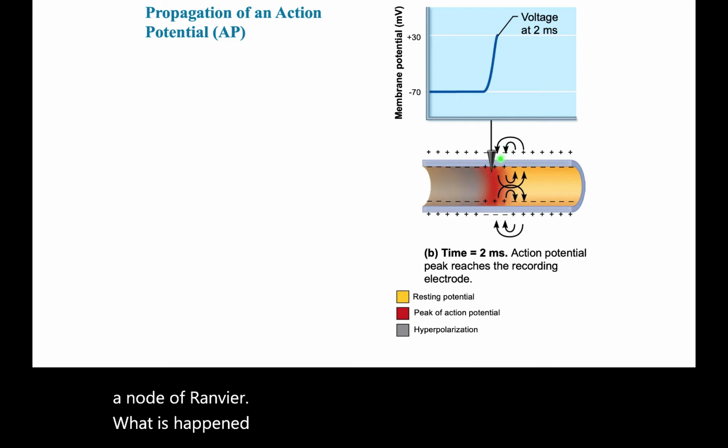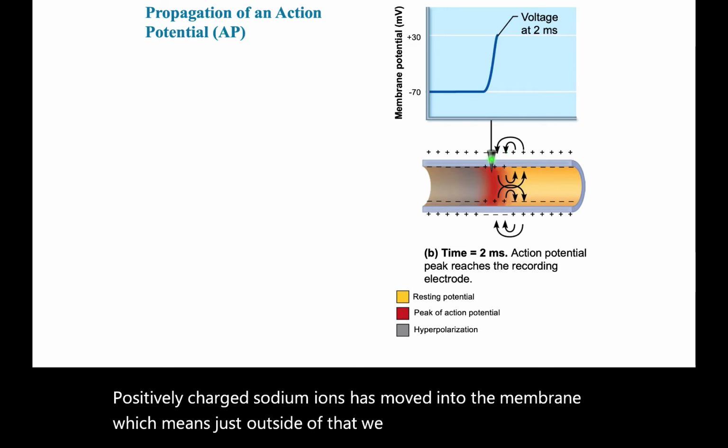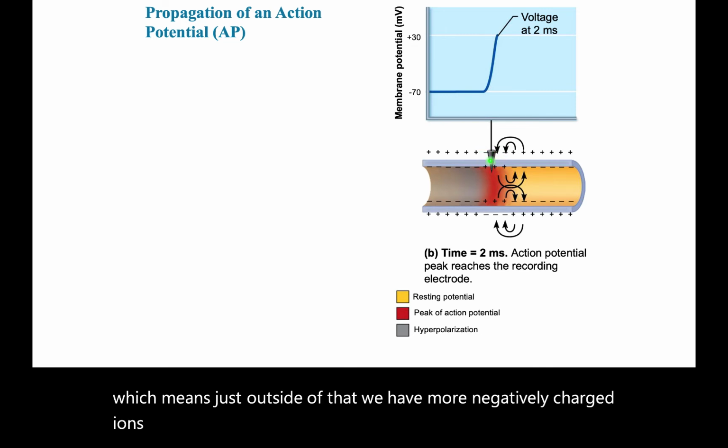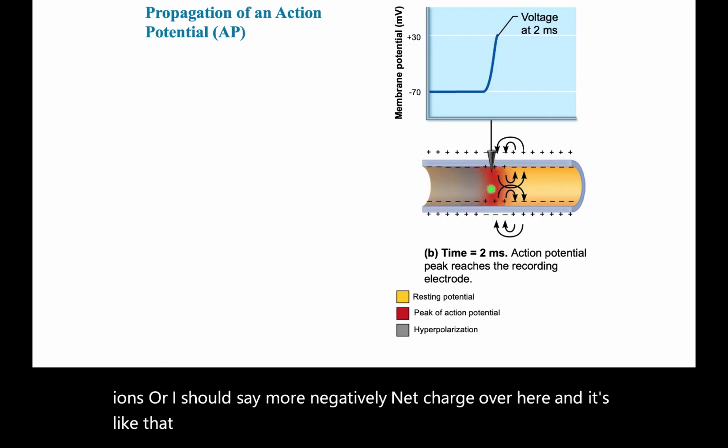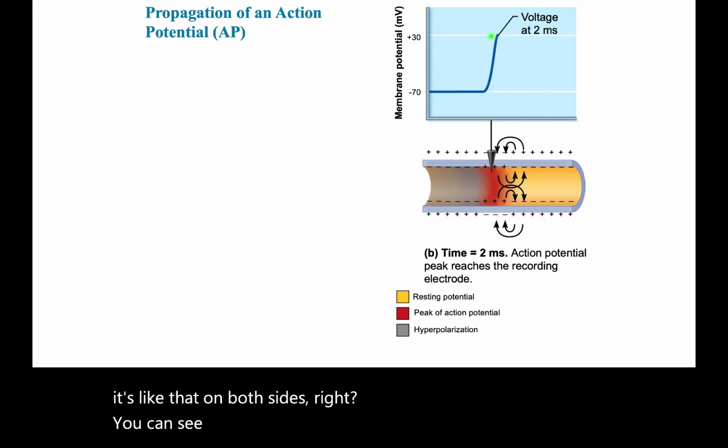Well, positively charged sodium ions have moved into the membrane, which means just outside of that we have more negatively charged ions, or I should say a more negative net charge over here. And it's like that on both sides. You can see we've spiked up to about positive 30 millivolts up here.